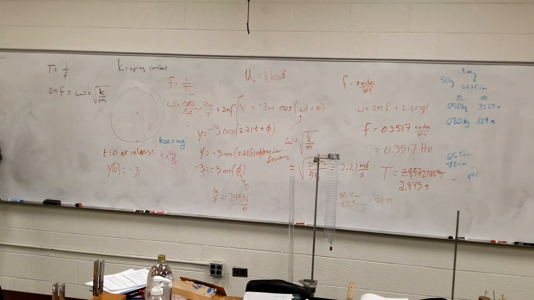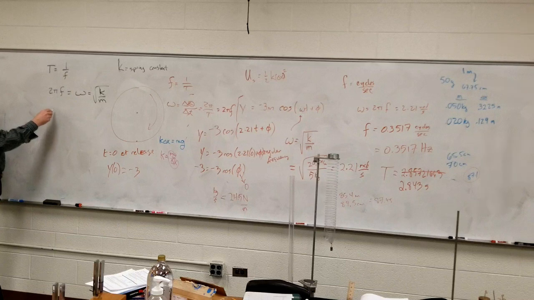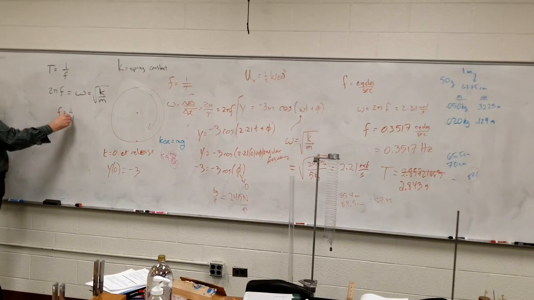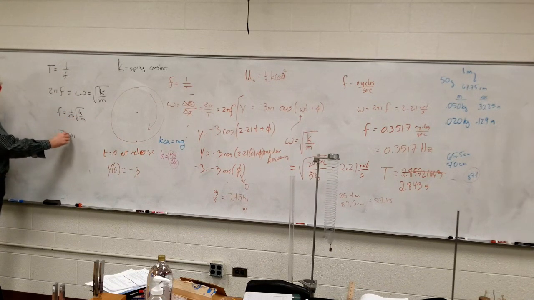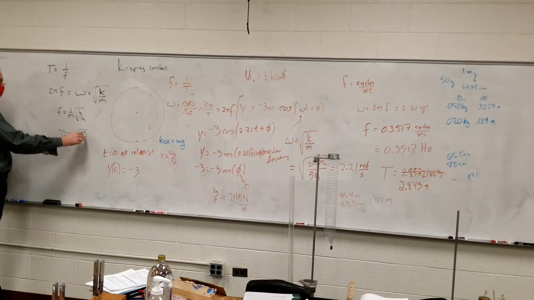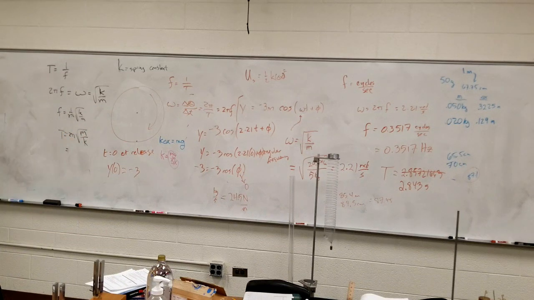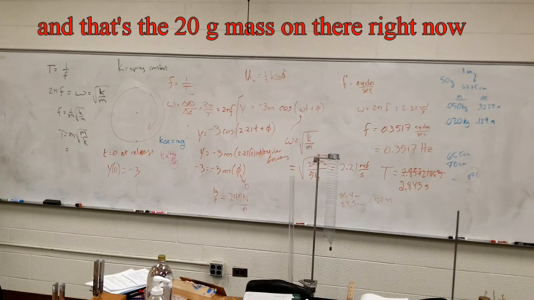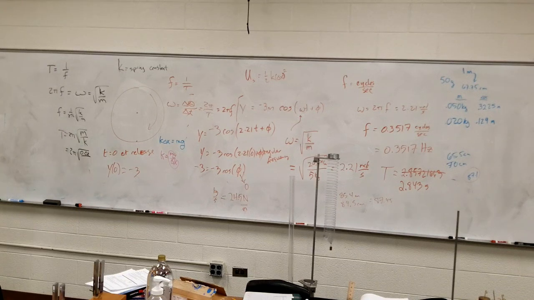So I have k, in theory I have an m. So solving for frequency, frequency is 1 over 2 pi times the square root of k over m, or the period is 2 pi times the square root of m over k. So what is the prediction? And that's the 20 gram mass on there right now.